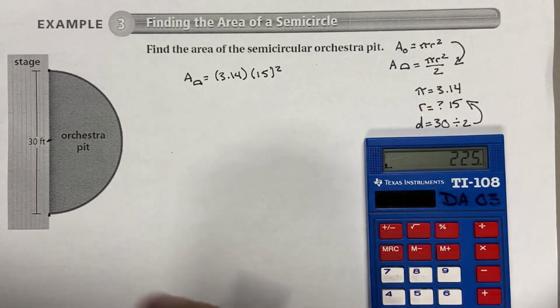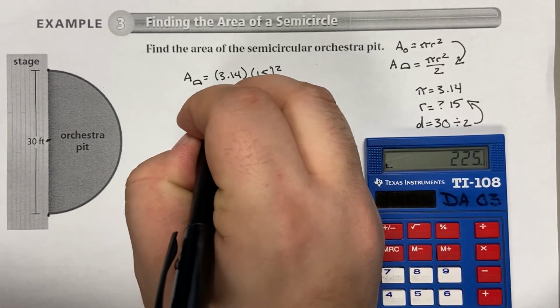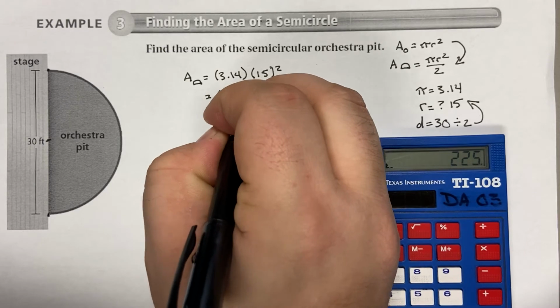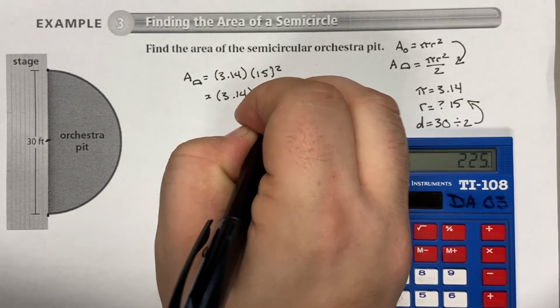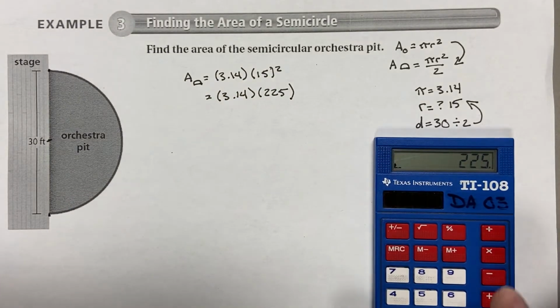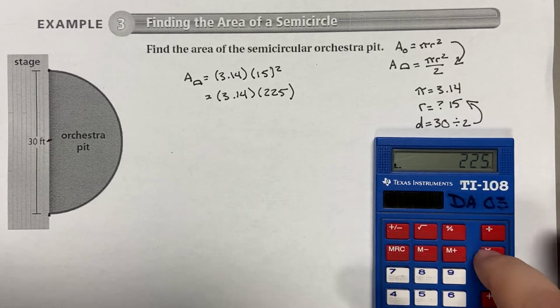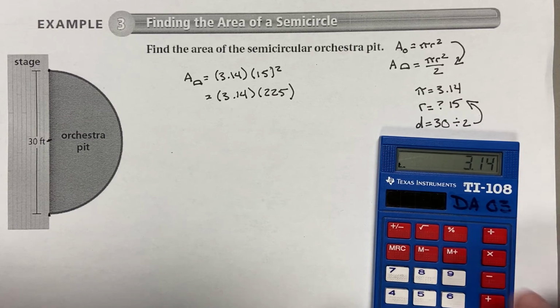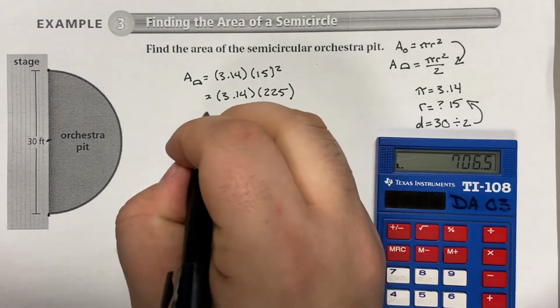Now I get 3.14 times 225. Instead of hitting clear, since I've already got an answer, I'm just going to hit times 3.14.